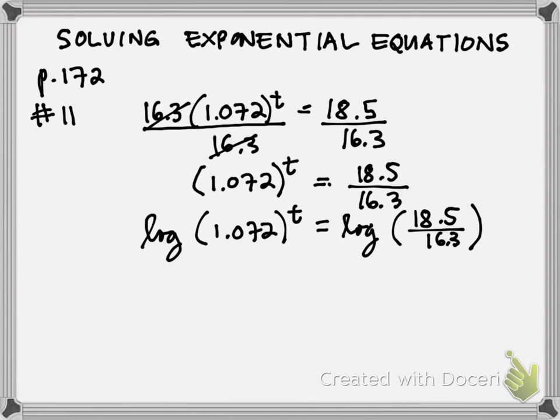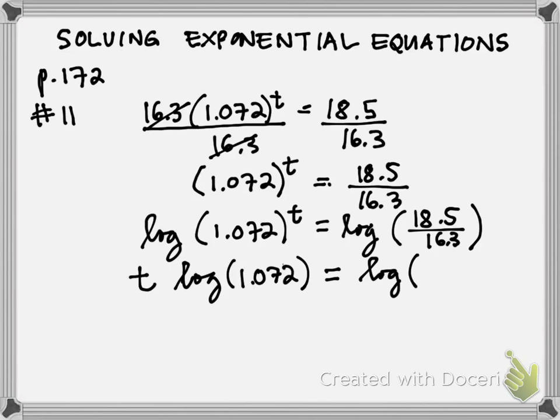So we log both sides, and on the left side we can apply the third property of logarithms, which is to bring down the t and multiply by log of 1.072. The other side will just be the same, log of 18.5 over 16.3.